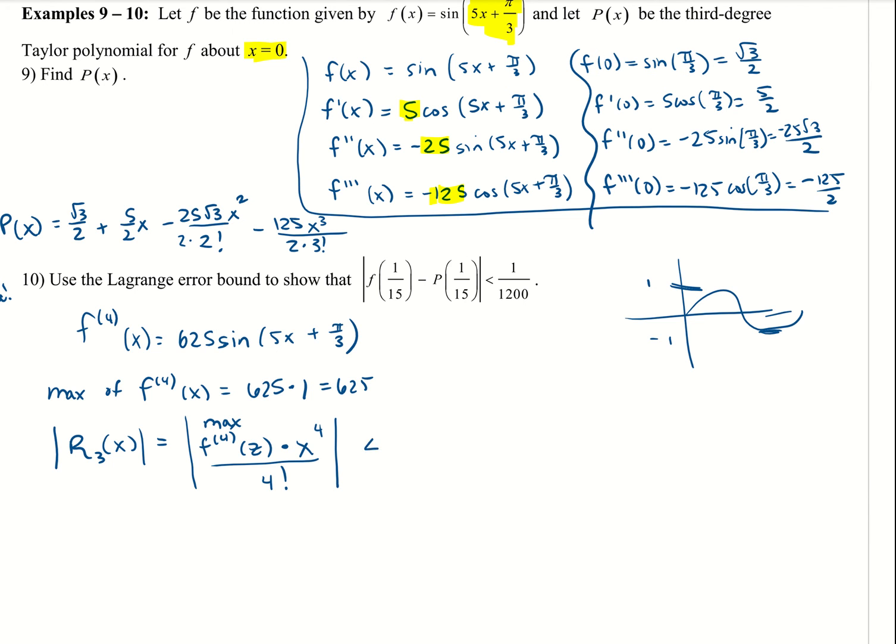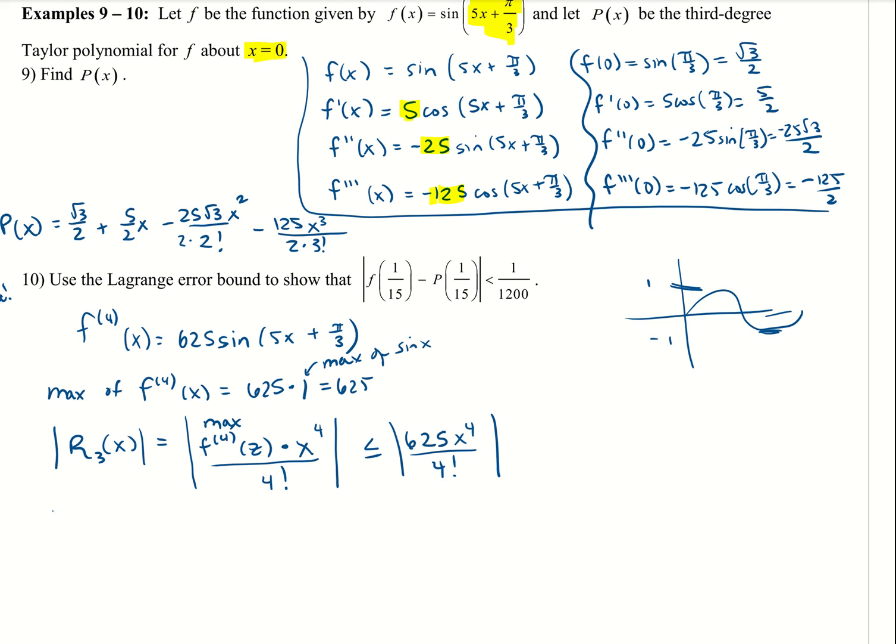So the most that it could be is 625, because the most that sine could be is 1, the highest value sine could ever have. So this would be 625 x to the fourth over 4 factorial. Now, these would be positive if x is positive. Actually, since it's fourth power, do you really need the absolute value? I might just keep that in there, because it's kind of the form of the Lagrange error bound.